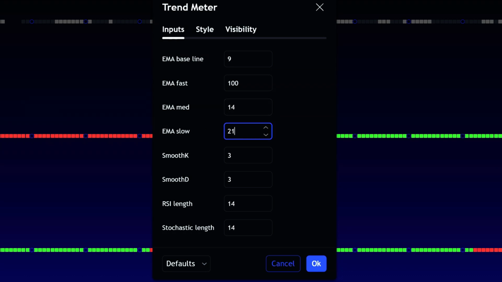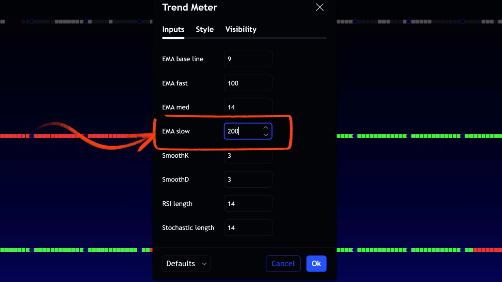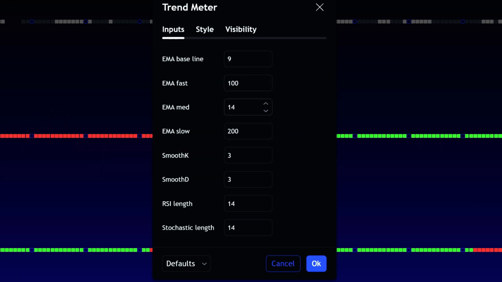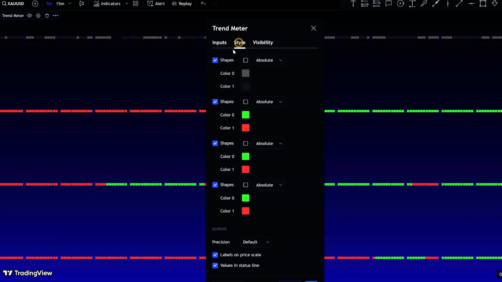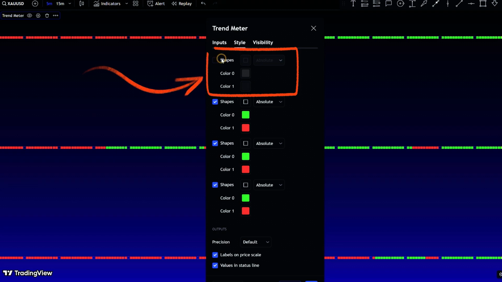And change EMA slow to 200. Everything else can stay at their default value. Now in the Style tab, turn off the first shapes option. Feel free to play around with the appearance of the other settings to suit your taste.